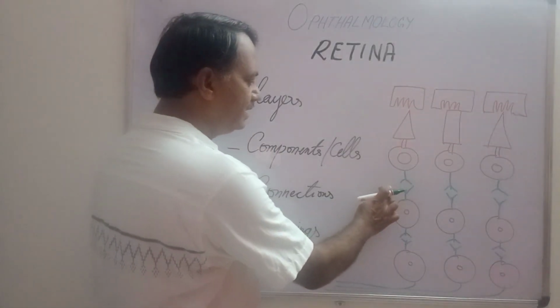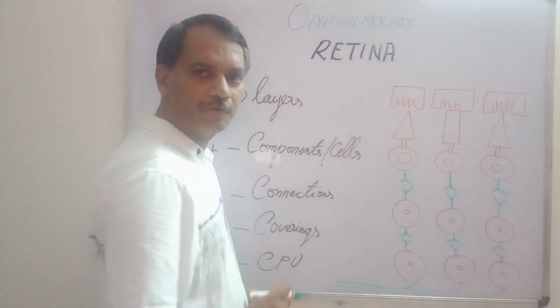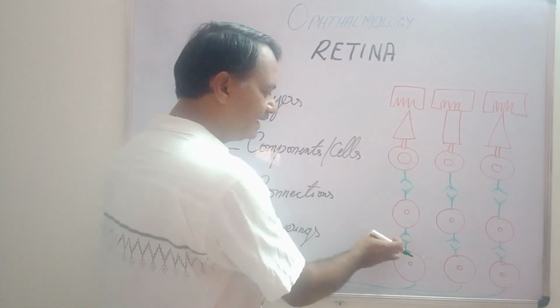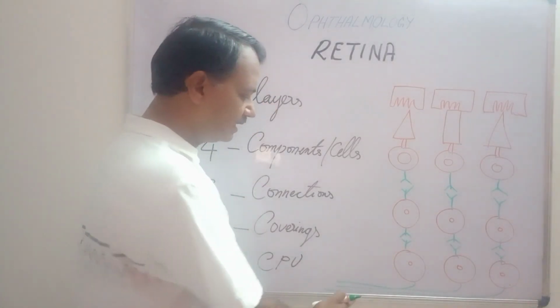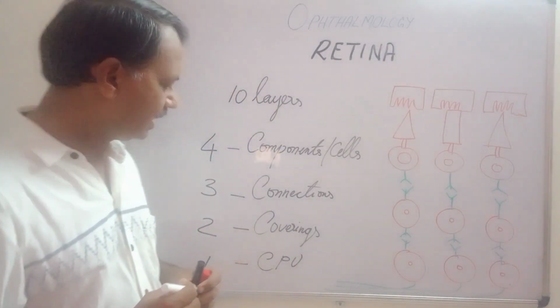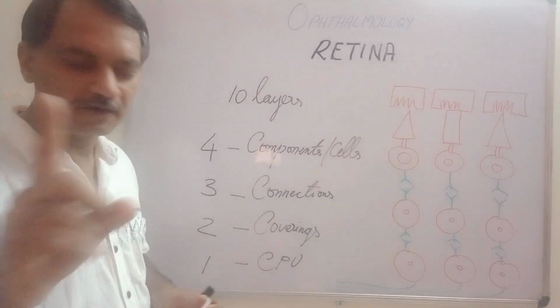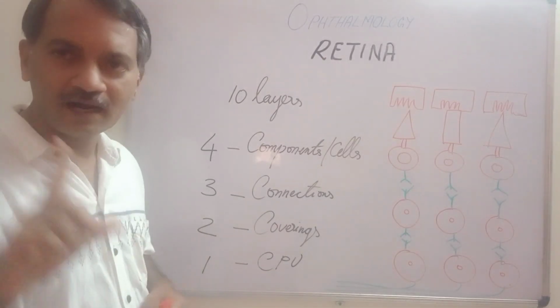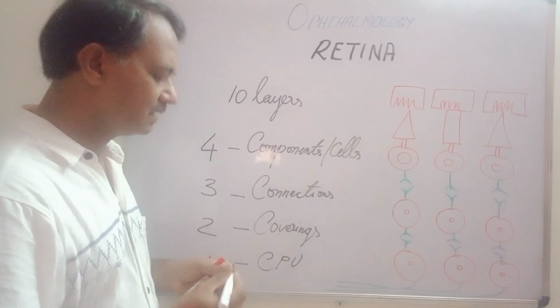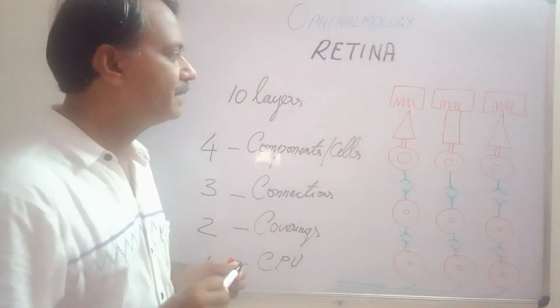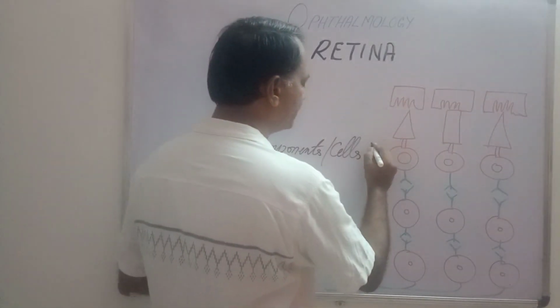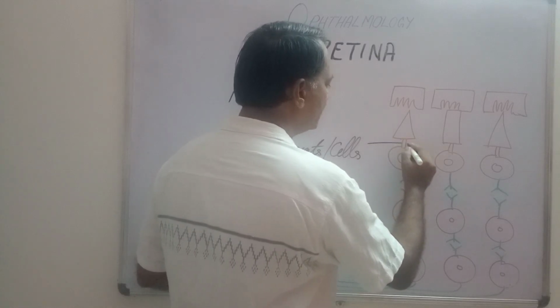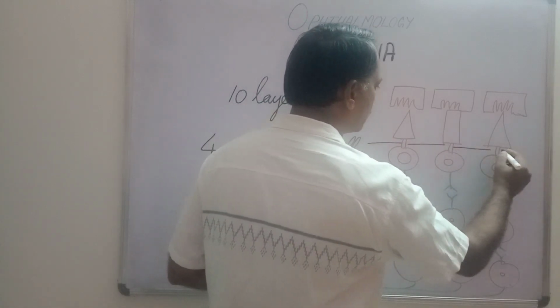One connection is the outer plexiform layer. This is the inner plexiform layer, and that is the nerve fiber layer. Now I said there are 2 coverings. One covering is the external limiting membrane. The external limiting membrane will pass through the center of the rods and cones.